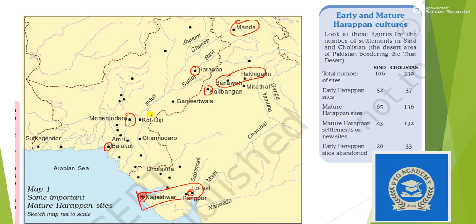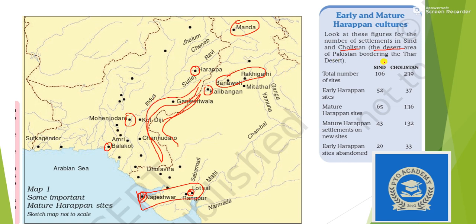Another thing with respect to this image: what do we mean by Cholistan? Cholistan is the desert area of Pakistan bordering the Thar Desert. This is the Thar Desert, and the desert area of Pakistan, all this area, is Cholistan.